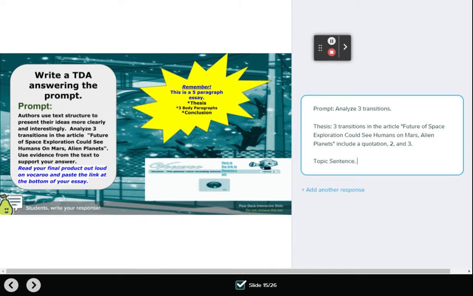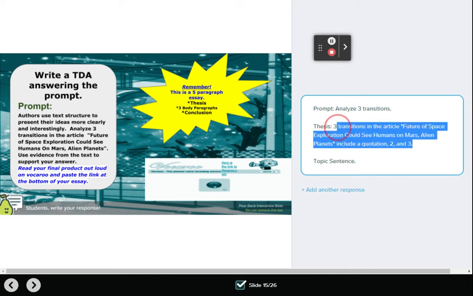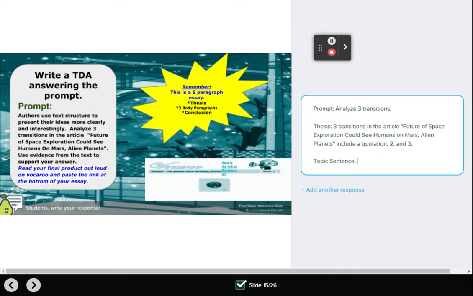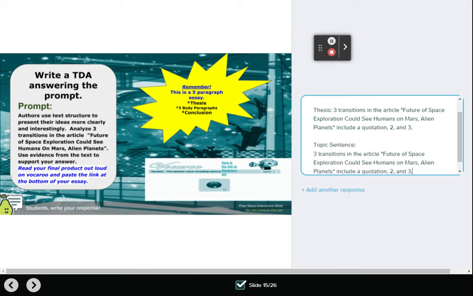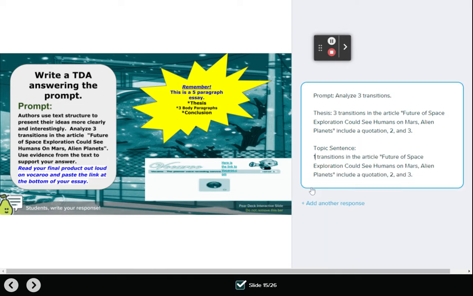It's going to look exactly like our thesis, except we're only going to talk about one transition at a time, and that gets its own body paragraph. One transition in the article includes a quotation. We can get back to what two and three would be later.